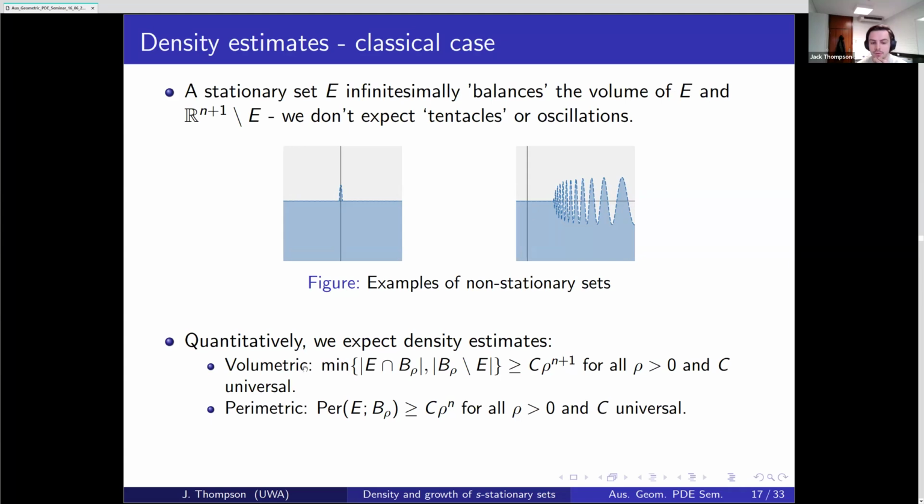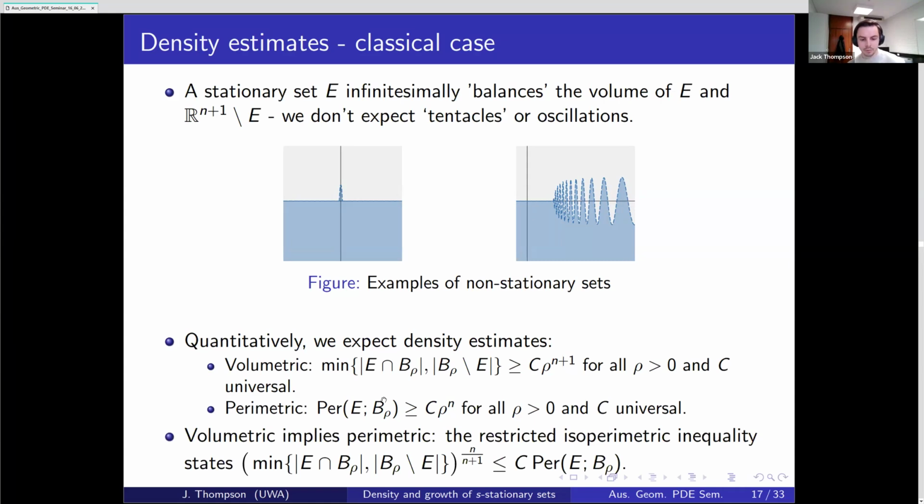We don't normally consider it for the volumetric one because if I just reverse this inequality, it's already trivial, because E intersect B rho is contained within B rho. So normally for the upper bounds, we only consider the perimeter. Now, one thing to mention is that a volumetric lower bound gives me a perimetric lower bound, because we have a relative isoperimetric inequality, which compares the two.